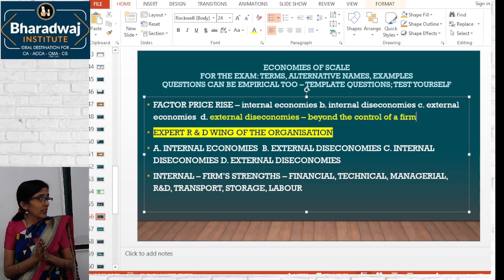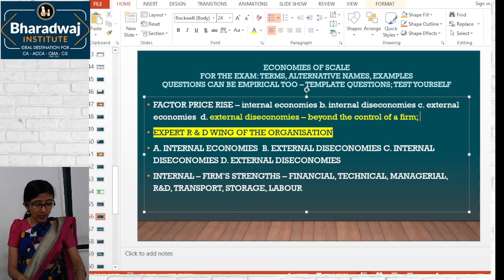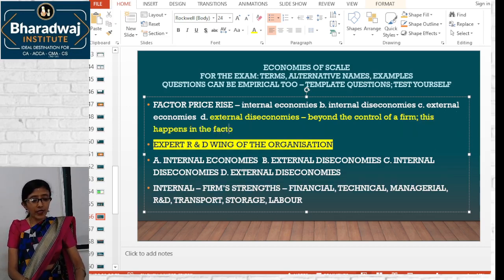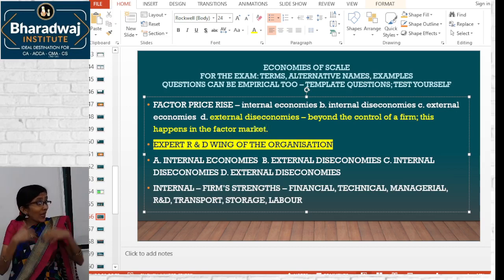That is why we call it external. It happens in the factor market. Pressure on factors, production by many.